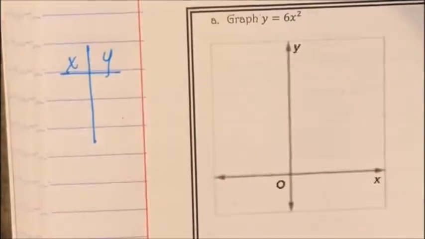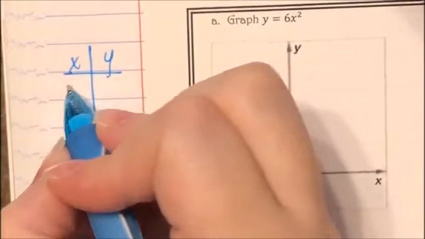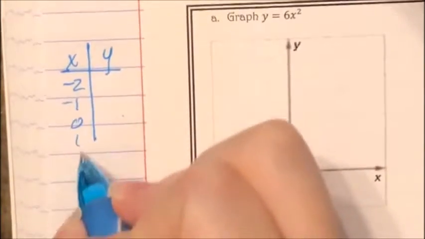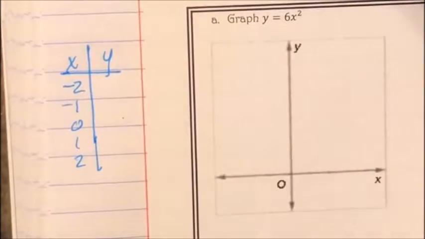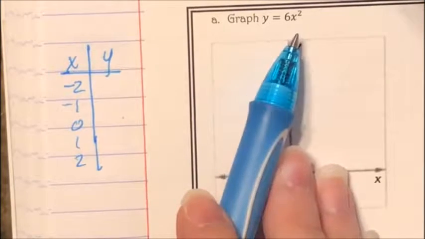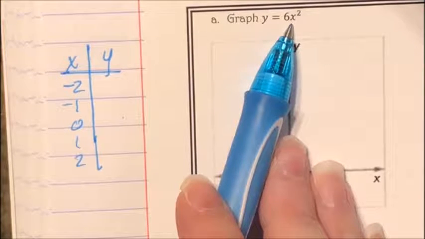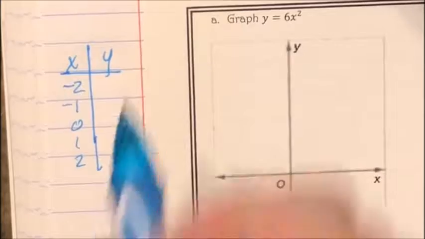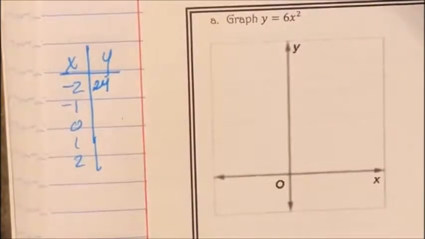My x and my y values, I'm going to pick 5 values, -2, -1, 0, 1, and 2. Again, you can pick whichever values you want. I just happen to pick those because they're the easiest ones for me to do. So then I have -2 squared is 4. 4 times 6 is 24.